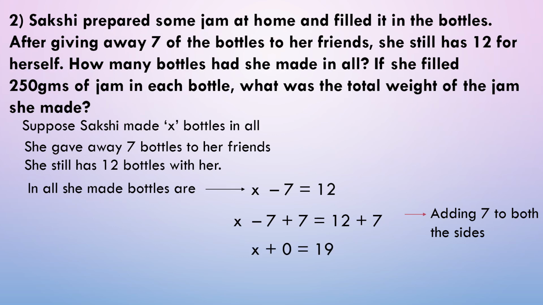So X is equal to 19, because 12 plus 7 is 19. So Sakshi made 19 bottles of jam.